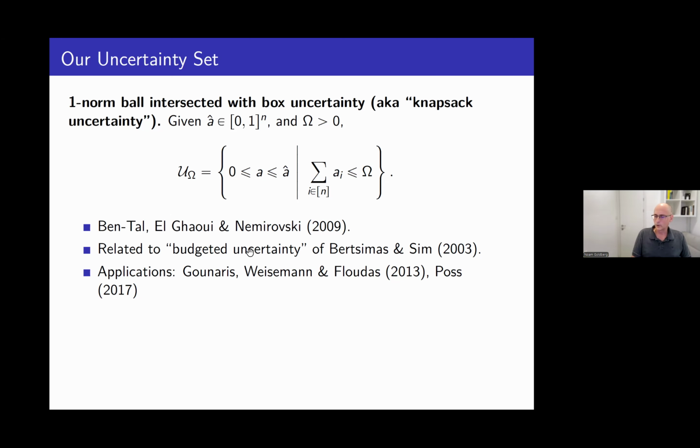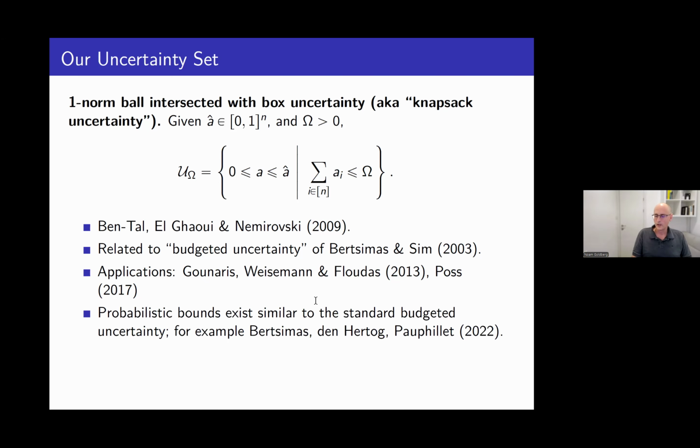So really, it's close in form to the budgeted uncertainty of Bertsimas and Sim, yet different. It's considered in some applications by Gounaris, Wiesemann, and Floudas in a CBRP paper, another paper by Poss, as well as others. It's also important to note that, similar to standard budgeted uncertainty, there are also probabilistic bounds for this uncertainty set.